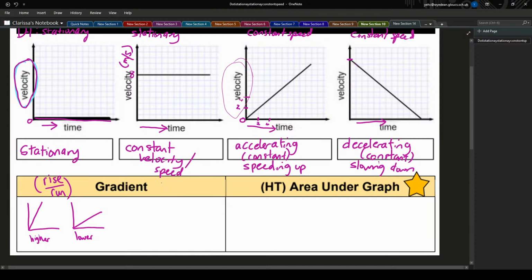Well, in this case, the velocity time graphs, the change in the y-axis represents velocity. So the rise represents the change in velocity. I'm going to write change in v. And the run is the change in the x-axis. And so in this case, it's the change in time.